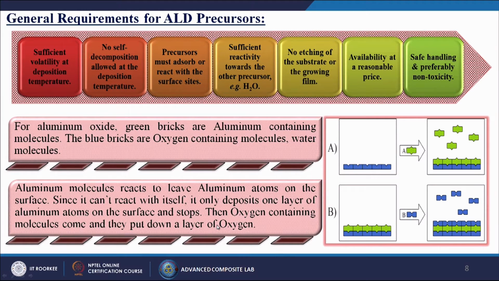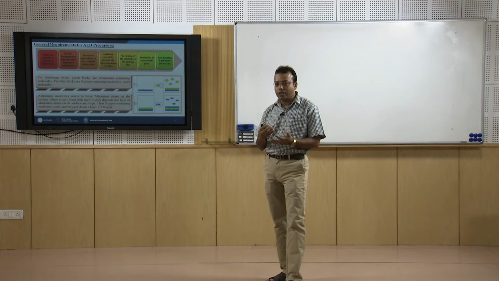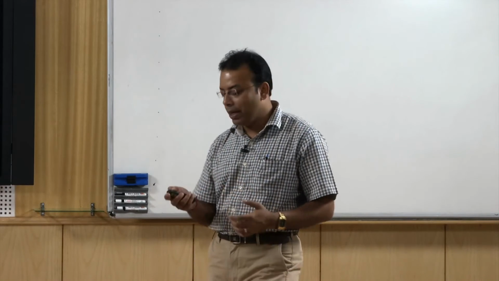Aluminum molecules react to leave aluminum atoms on the surface. Since it cannot react with itself, it only deposits one layer of aluminum atoms on the surface and stops. Then oxygen containing molecules come and put down a layer of oxygen. So, like this, with one by one reactions, it can attach layer by layer.